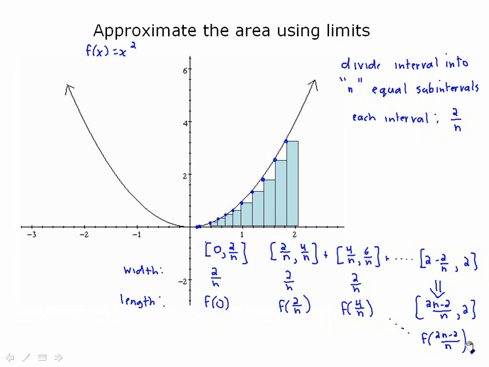So I'll get a little more space here to work, and we're going to get the area again, like we did before, just by adding all of these together. And it's a little sloppier because we've got the 2 over n deal.